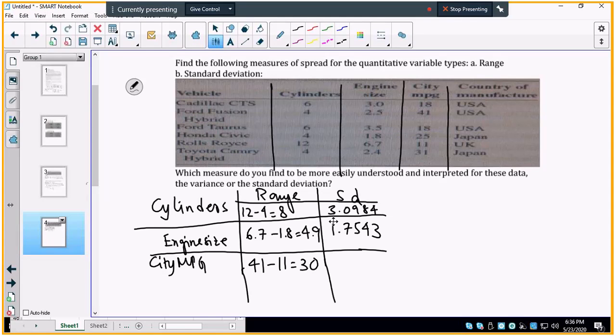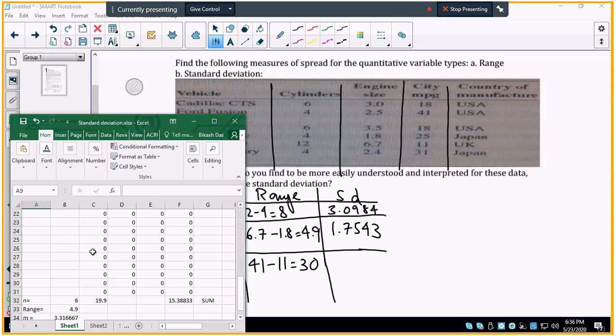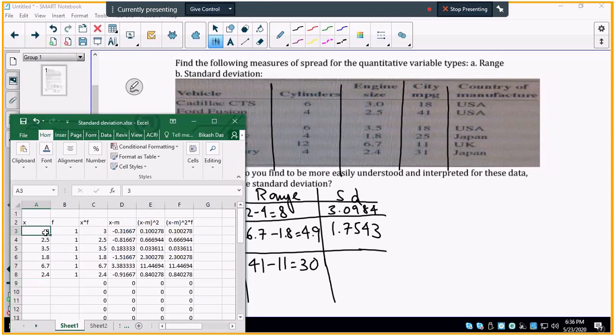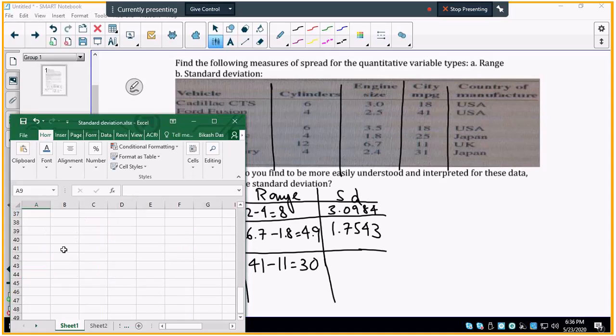Finally, we do it for city mileage per gallon. So we will put in the information as 18, 41, 18, 25, 11, 31, and the standard deviation is 10.7703.